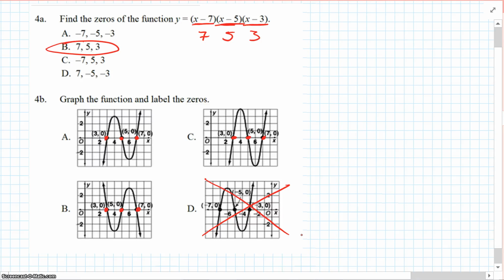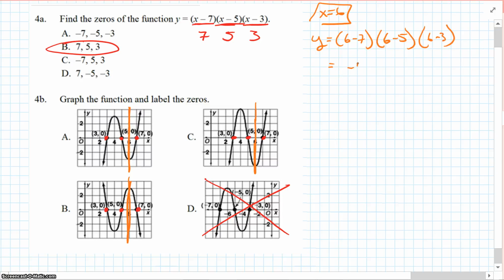Okay, now how do we find which one of these works? Well, let's just pick a line. I'm going to pick this one since that looks like a minimum. So when our x value is 6, we can solve for y, and then we can pick the correct graph. So when x equals 6, y equals 6 minus 7 times 6 minus 5 times 6 minus 3.